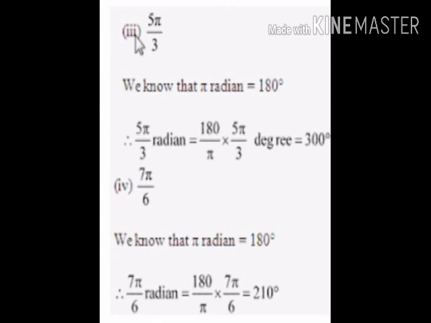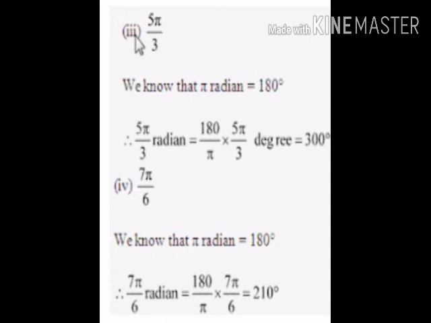Let's watch some more examples. We have 5 pi by 3, which is in radian measure. We have to convert this radian measure into degree measure. What is the procedure? Multiply the given radian measure with 180 by pi. 5 pi by 3 radian is equal to 180 by pi into 5 pi by 3.